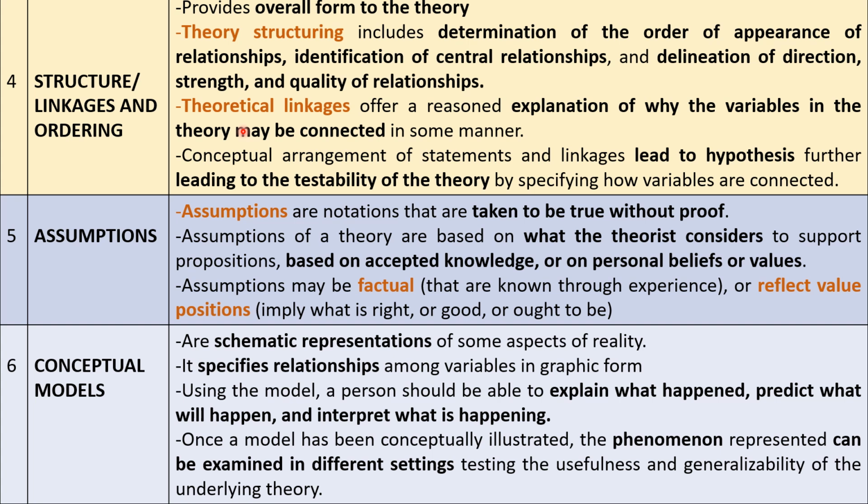Theoretical linkages offer a rational explanation of why the variables in the theory may be connected in some manner. Conceptual arrangement of statements and linkages lead to hypotheses, further leading to the testability of the theory by specifying how the variables are connected.